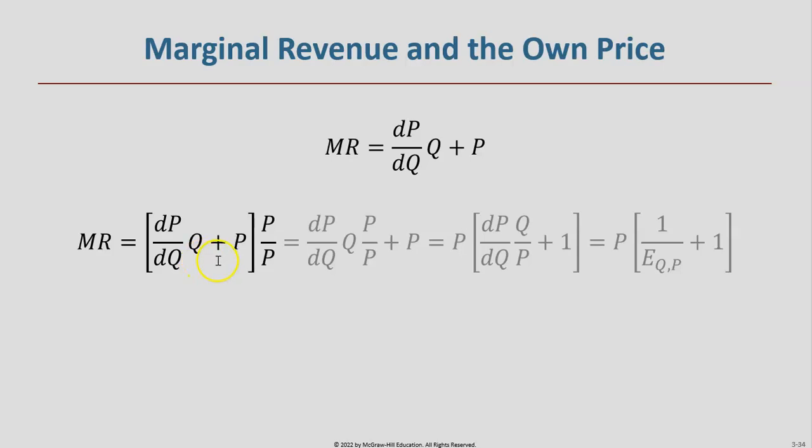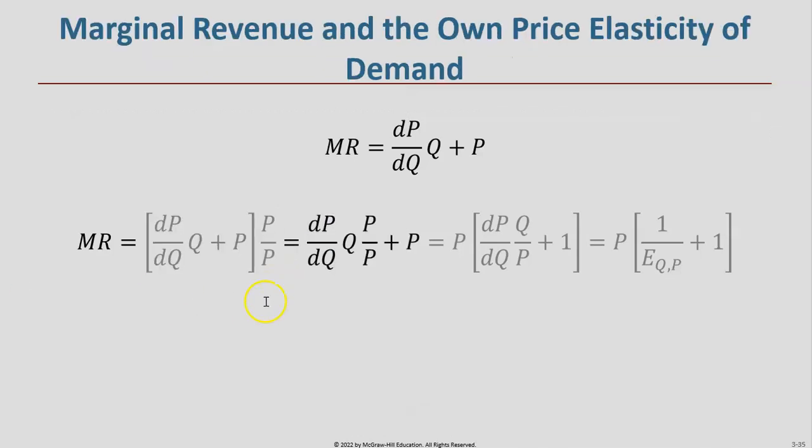Okay, so from this first expression, let's multiply marginal revenue, the term in brackets here, by 1, or price over price. Okay, and then let's multiply price over price through the brackets. So the first term, dP/dQ times Q, multiplied by price over price, plus price, the second term in the bracket, doesn't change because we're just multiplying that by 1.